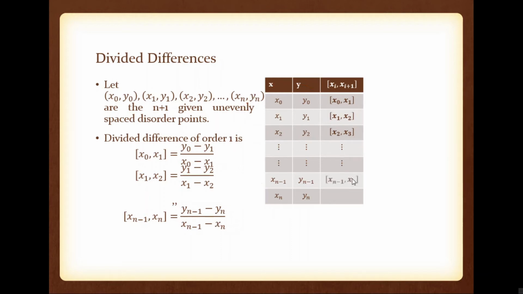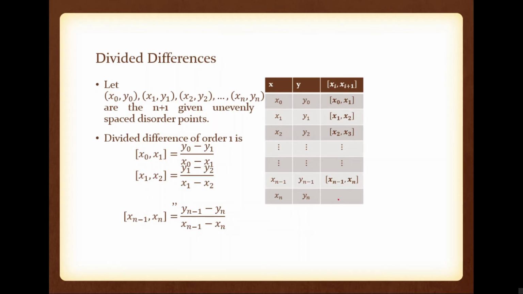This is the nth divided difference of order 1. You have n+1 data, so you have n first order divided differences, where the nth first order divided difference is [xn-1, xn].